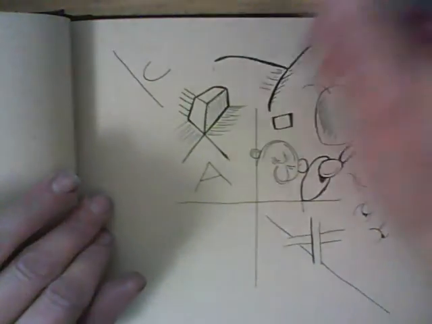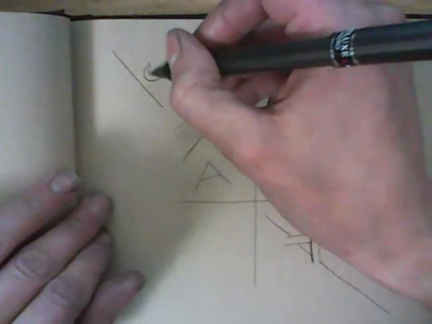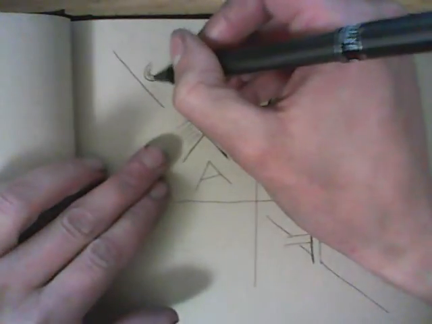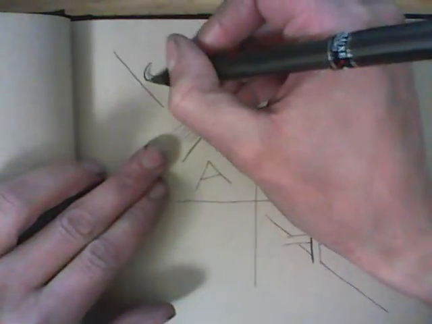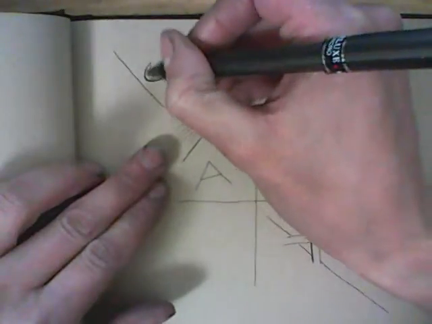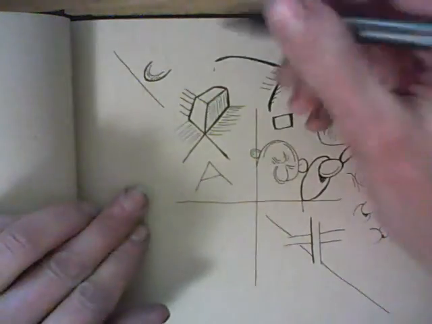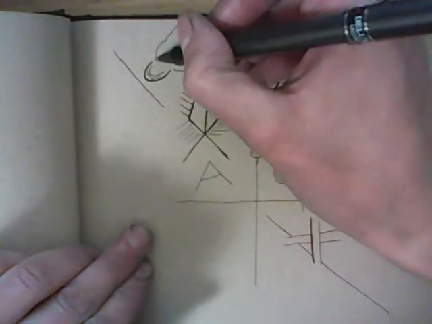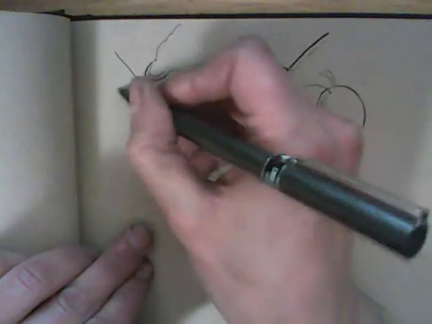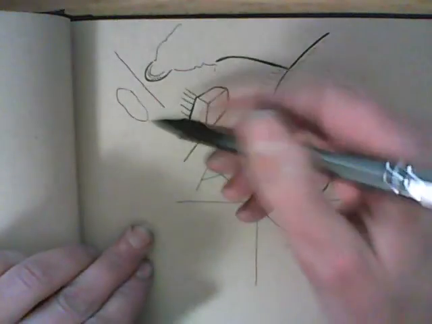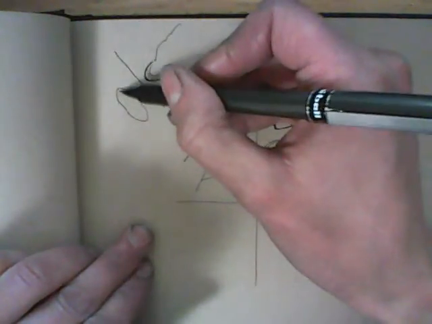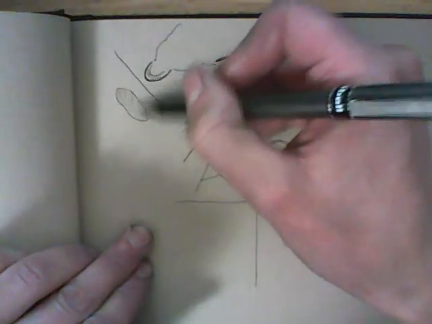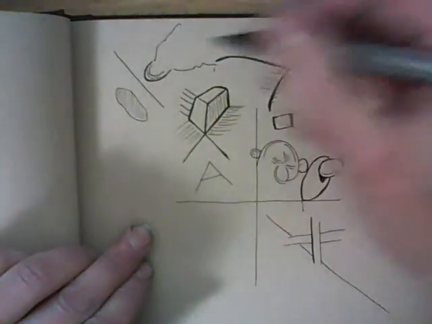So maybe I have a little arc, which I will turn into a nub. And then it is some sort of meteor hurtling towards this shadow from the sky, right?